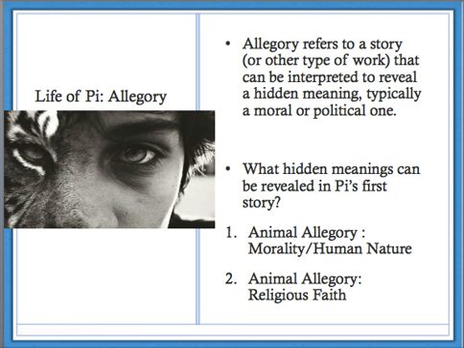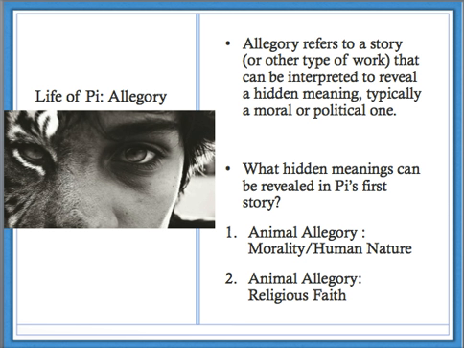Richard Parker as a tiger is a fierce carnivore, a killer. They refer to Richard Parker as a man-eater over and over again. So all of those things are playful reminders that Pi is this man-eater. He has to resort to carnivorism, predatoriness, and really tap into those animal instincts if he's going to survive this horrible experience.